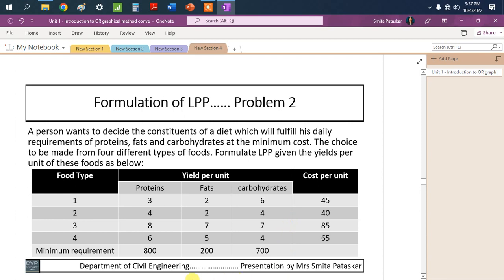Now here it is a similar example where 4 food types are given, and the yield per unit are given as proteins, fats and carbohydrates. The cost is given. Now because the cost is involved, we have to minimize. This is the problem of minimization, right?